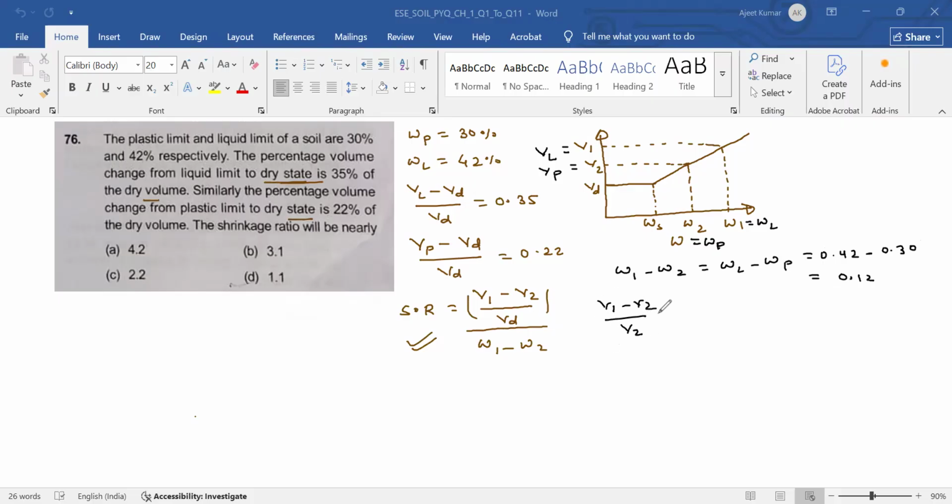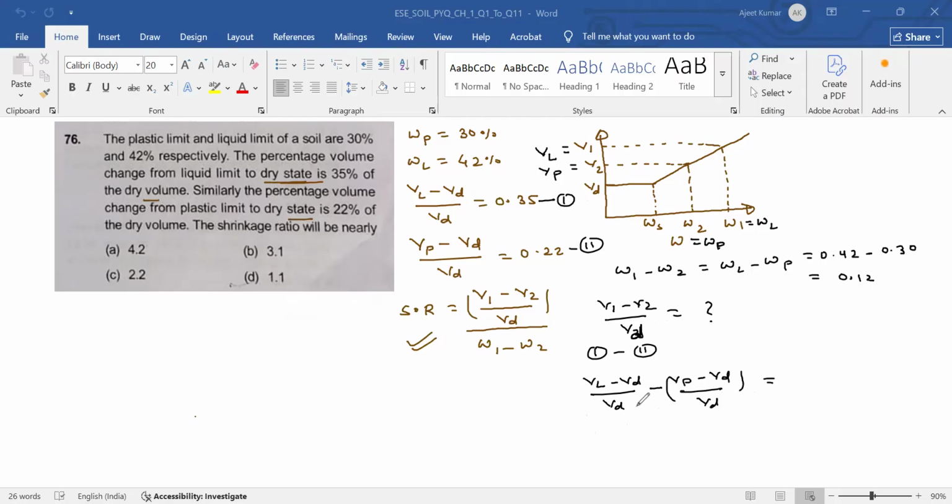To calculate this expression, if we subtract these two equations, equation 1 minus equation 2, we will get VL minus Vd divided by Vd, minus Vp minus Vd divided by Vd.